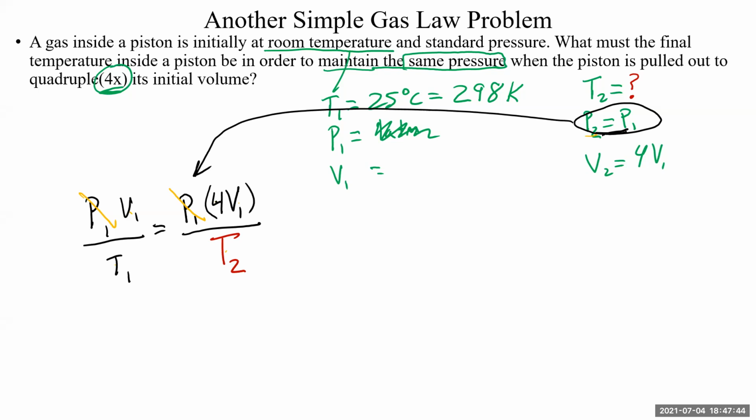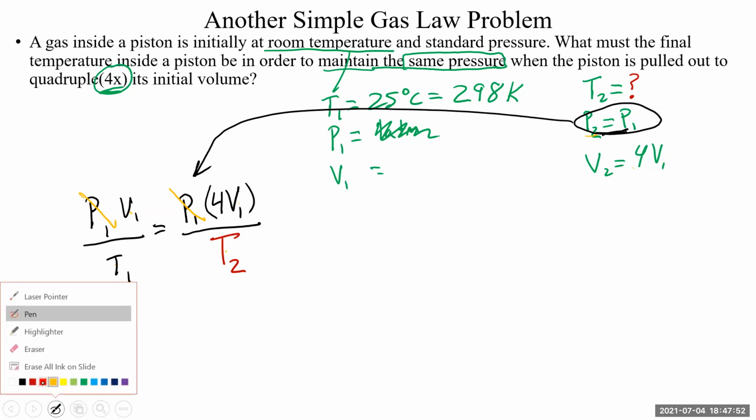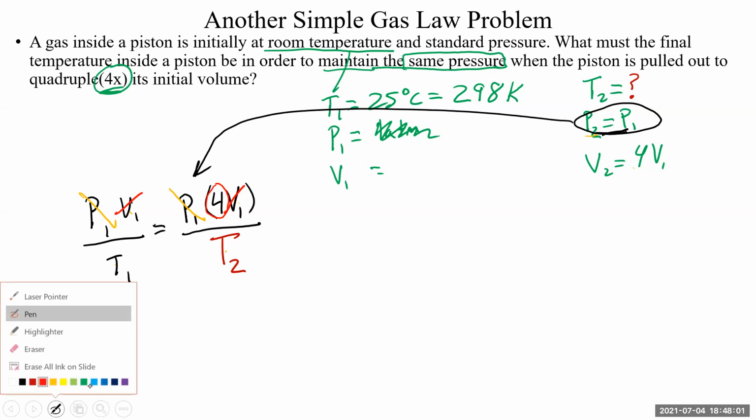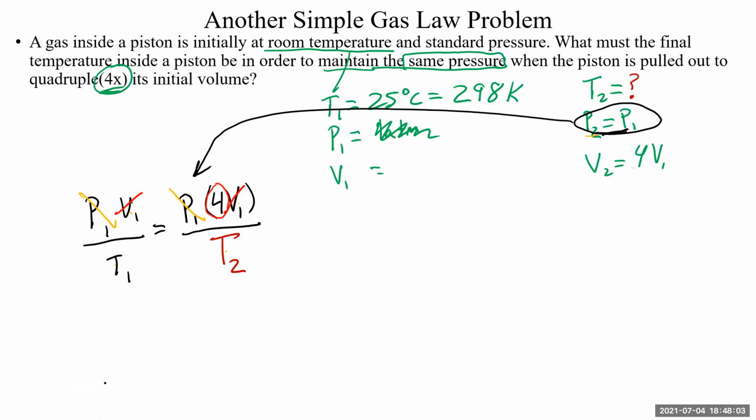Moreover, I have V1 on both sides. I have 4 times V1 on one side and V1, or 1 times V1 on the other. So what do you know? I can eliminate that as well. V1 goes away. Now the 4, of course, doesn't go away. It's still there. So after simplifying all of this, let's rewrite it. So I have 1 over, remember, I eliminated both of these variables.